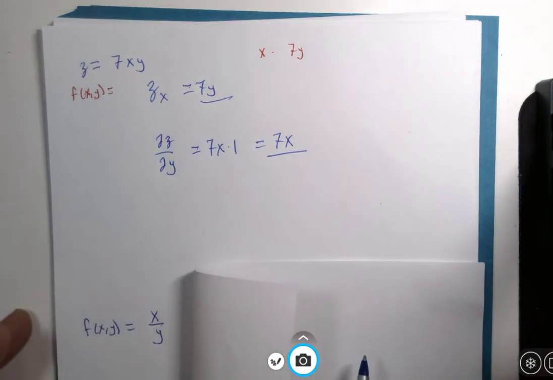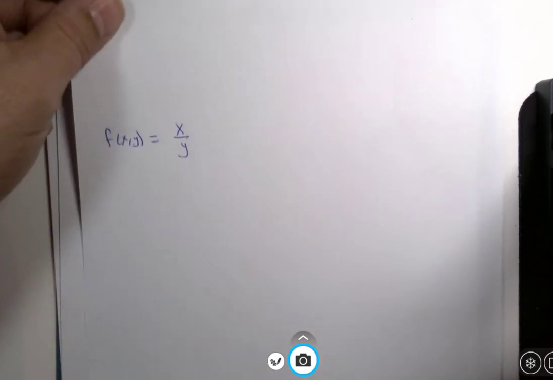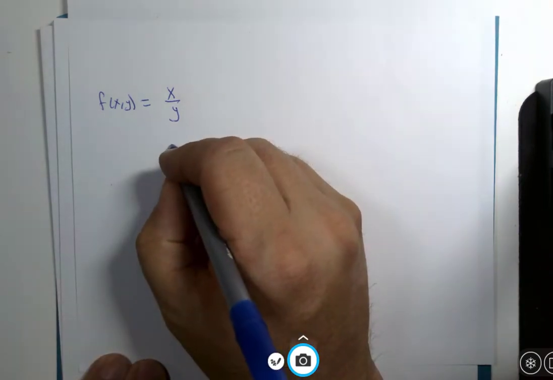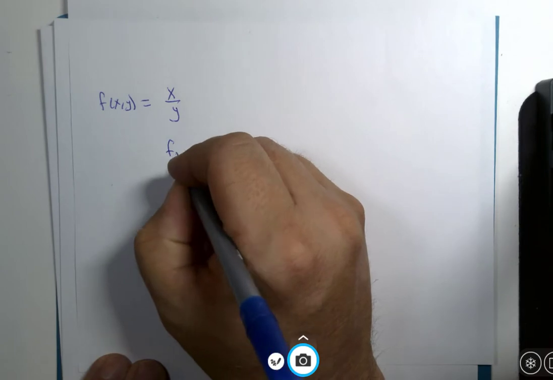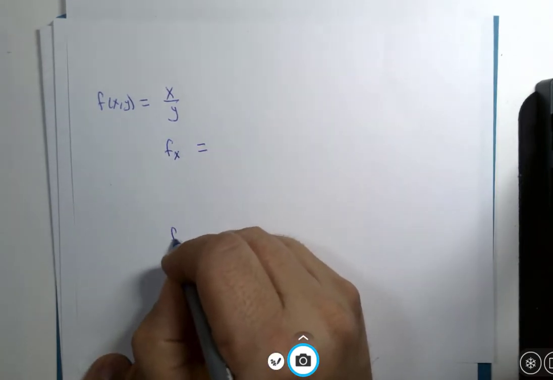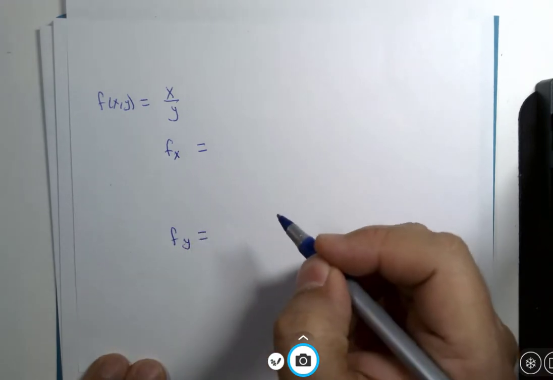Let's do that. F of xy is x divided by y. Let's find the partial with respect to x, and then we will find the partial with respect to y also.